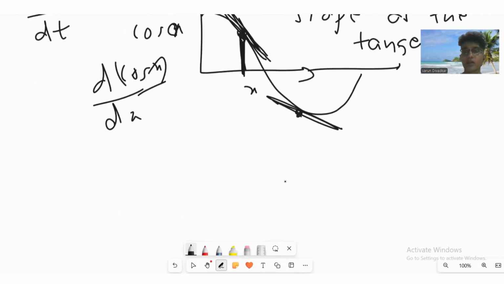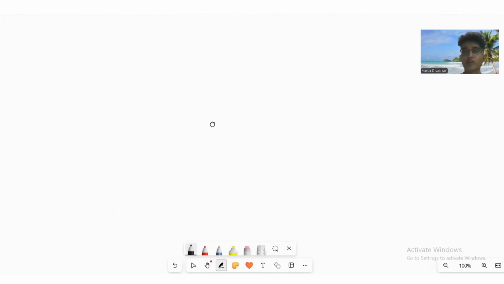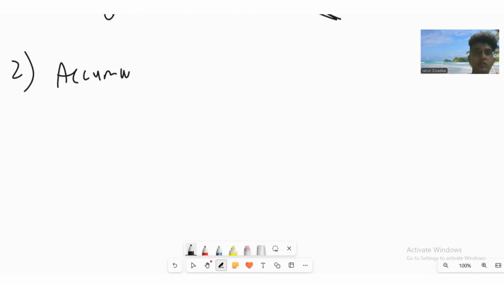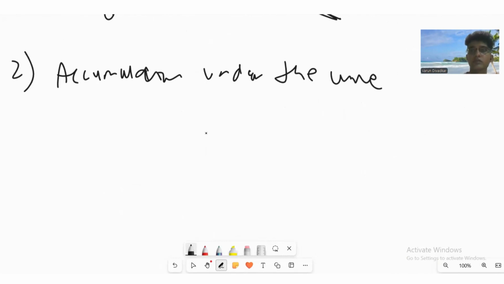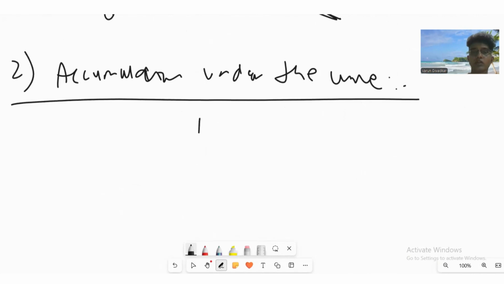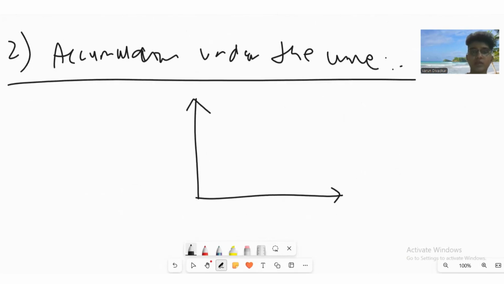All right? Then the second problem which calculus tries to solve is the accumulation under the curve. So what is this basically? Let's draw again a curve, say this time it's velocity versus time, right?